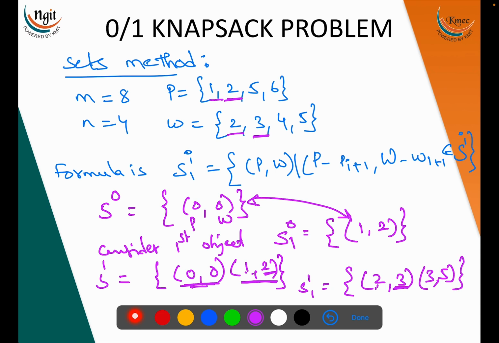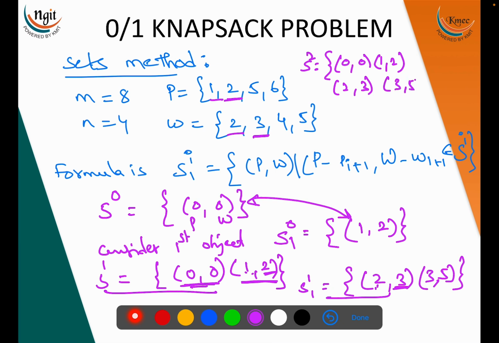So S1 dash set is 2 comma 3, 3 comma 5. Now S2 set is the merging of S1 set and S1 dash set. That is 0 comma 0, 1 comma 2, my first object is placed, 2 comma 3, my second object is placed, 3 comma 5, I placed 2 objects. This is my S2. Okay, now we'll place the third object.